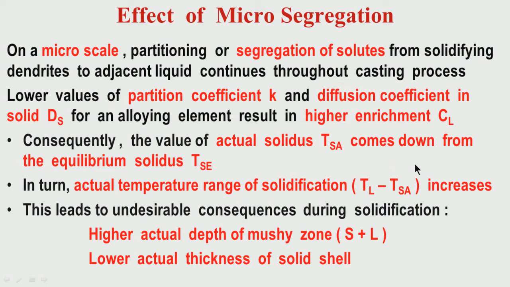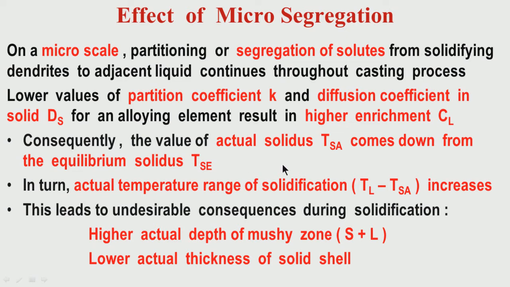The concentration of that liquid is becoming more and more rich in all the alloying elements. So, the more the enrichment, the more the segregation, the lower will be the TSA because of the enrichment. So, this TSA, that means the actual solidus, comes down from the equilibrium solidus TAC.